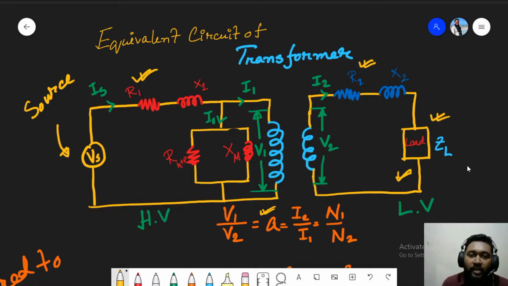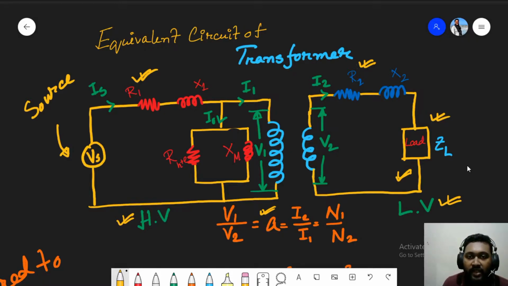But I would prefer referring to them not as primary or secondary, but as high voltage side and low voltage side. It makes our calculation much easier, and understanding the circuit would be much easier. Then there is some reactance.